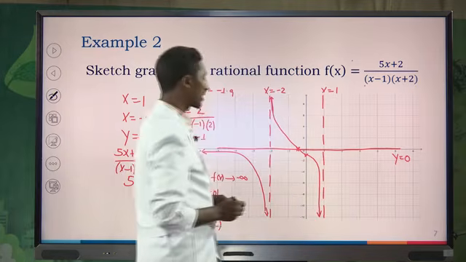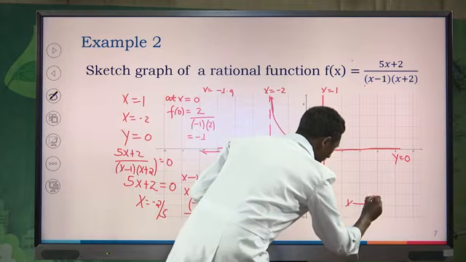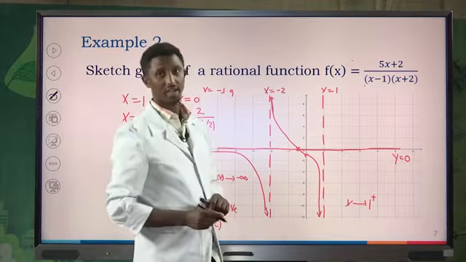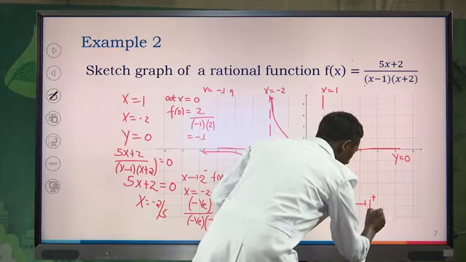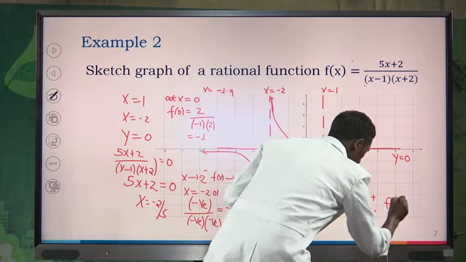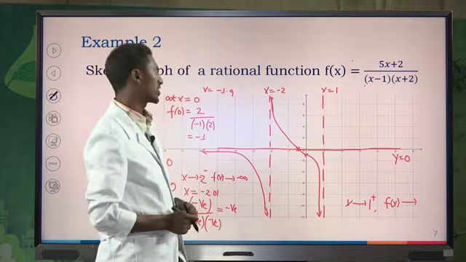In a similar way, as x gets closer to 1 from the right, we can check whether the function f of x will go closer to positive infinity or minus infinity.